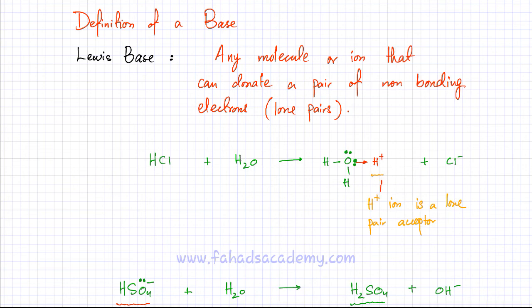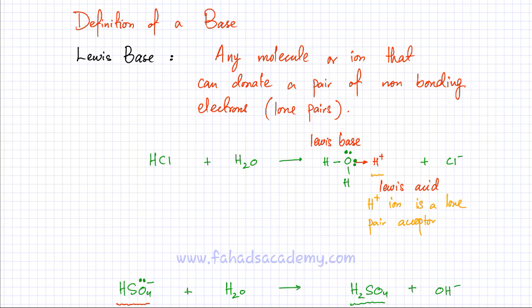So this H+ is the Lewis acid, and it's the H2O molecule that's donating those lone pairs. Those lone pairs are coming from H2O. So this H2O molecule is basically your Lewis base, because it is donating those lone pairs. So H2O over here in this reaction is your Lewis base.